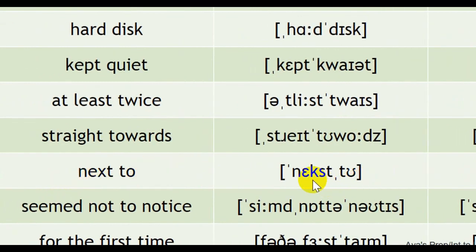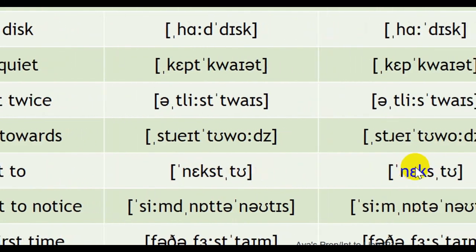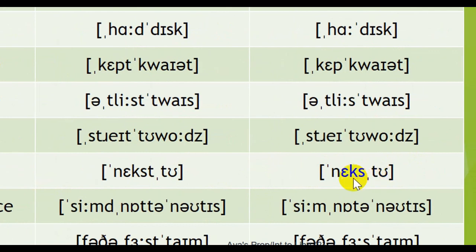Instead of 'next to', remember, 'next' has the k-s-t consonant cluster, and since there is another t in the word 'to', we say 'nex to'. Is it natural? Yes, it's natural. Even though it is not the same as the pronunciation as it should be, it is something natural that happens in everyday situations. Again, like I said before, the phonetic process is usually done by people to make the pronunciation a lot easier.